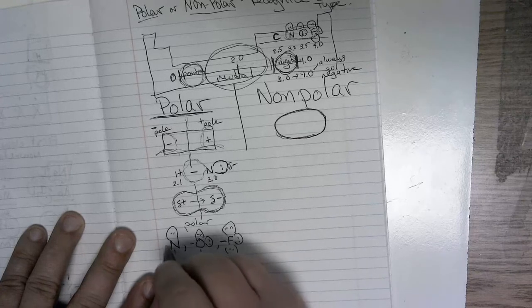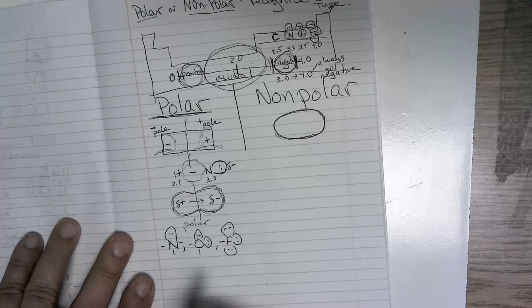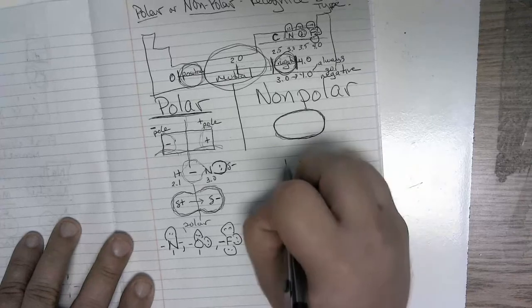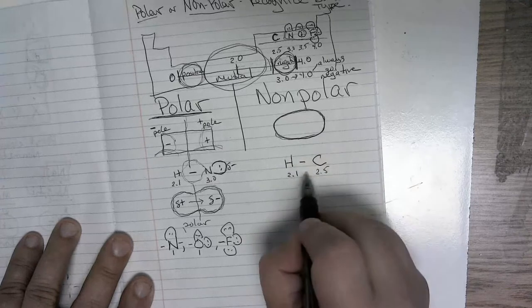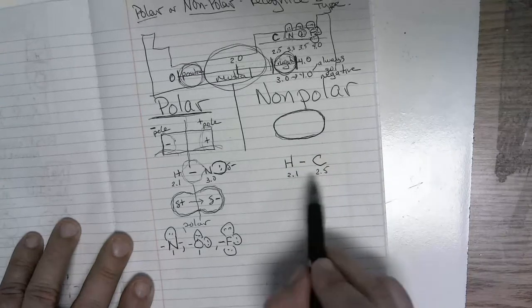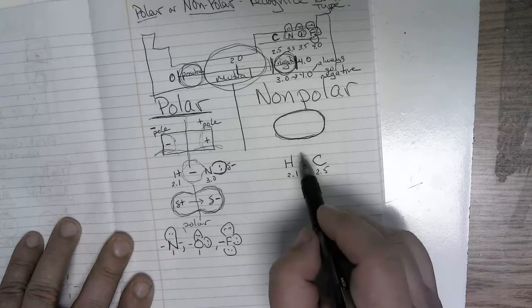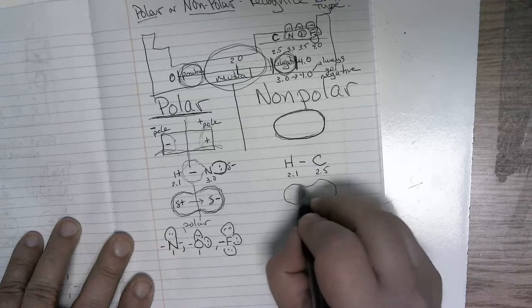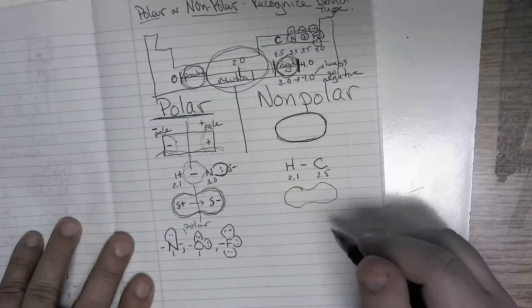Those are our structures that when they're bonded to hydrogen, create polar molecules. Carbon, if it was bonded to hydrogen, is only a 2.5 and a 2.1, and they pull pretty much the same to the point where there is no shift. There is no creation of polarity. It's just neutral. All right?